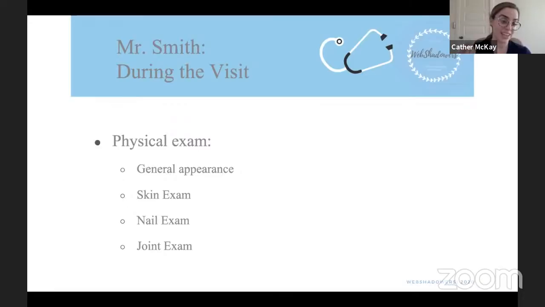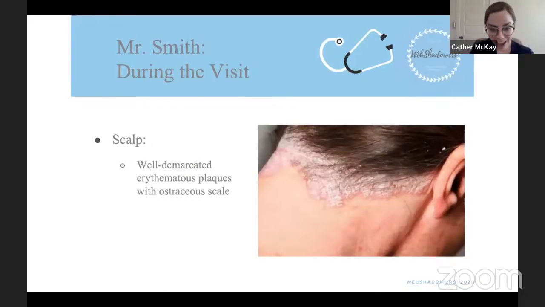You'll do a skin exam, and then we'll go into why, but you'll look at his nails and his joints. So his scalp, there is a lot going on, well demarcated. This is an important observation in certain conditions.